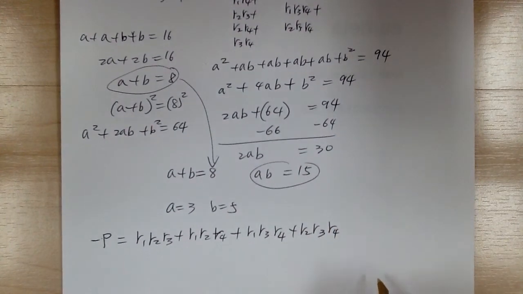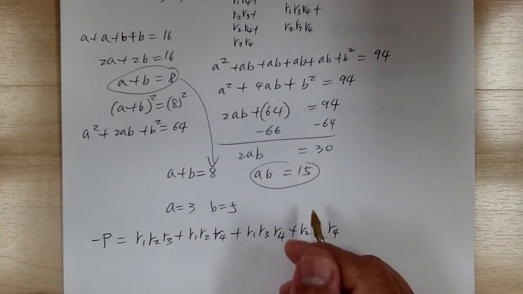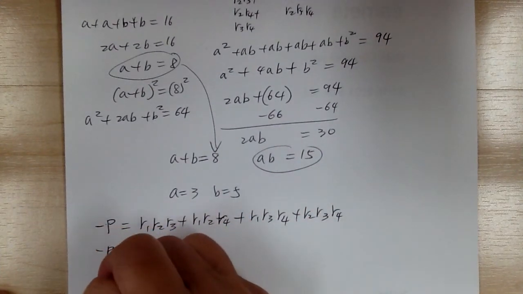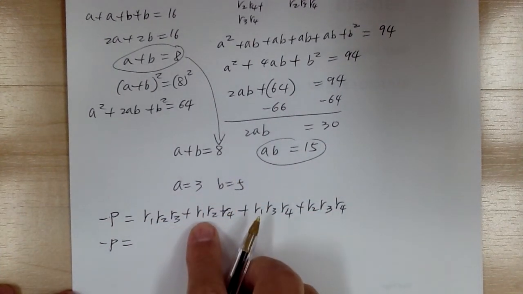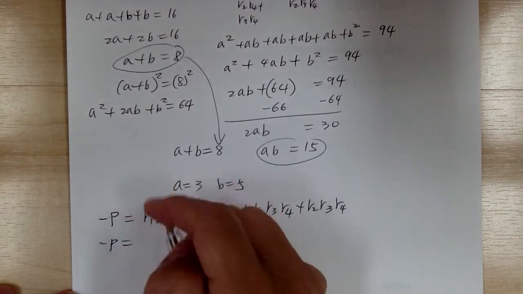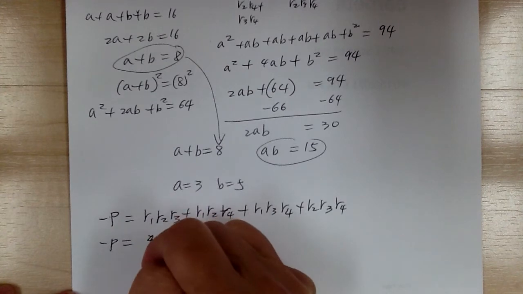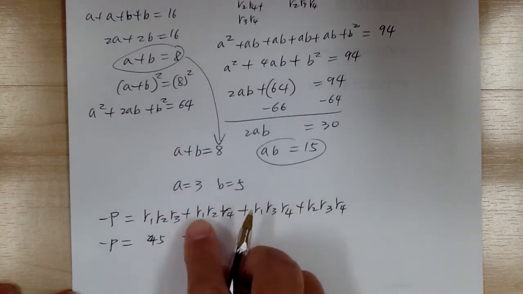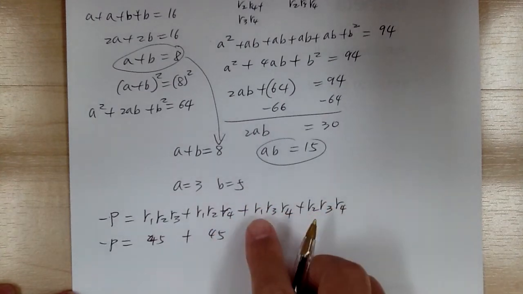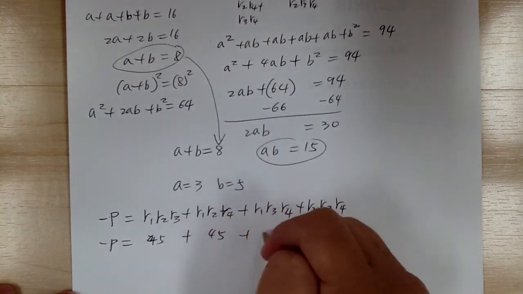Now substitute all this in here. So negative P will equal to, this would be 3, 3, 5, so 3 times 3 times 5 will give you 45. Again, this is 3, 3, 5, so it would be 45. This is 3, 5, 5, so it would be 75.